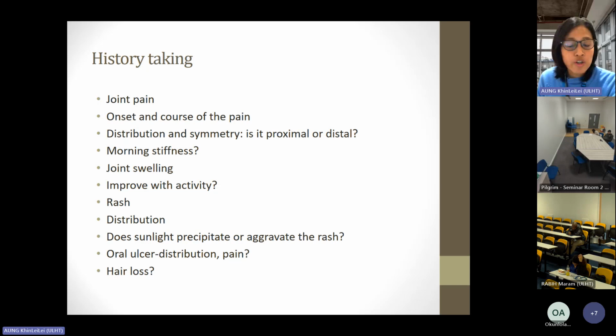And then ask about a rash. Where is the distribution? Is it over the nose, over the cheek? Is it at a sun-exposed area? Does sunlight precipitate or aggravate the rash? We are asking about photosensitivity. Oral ulcer, distribution, is it painless or painful? History of excessive hair loss.